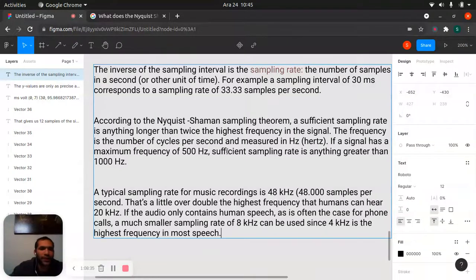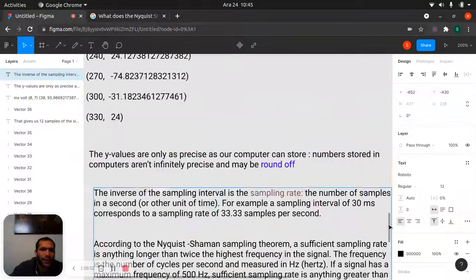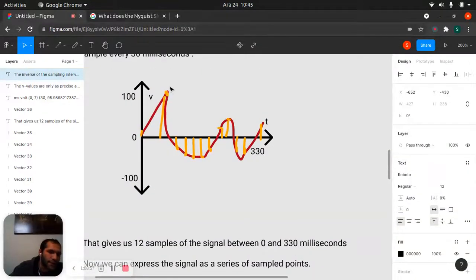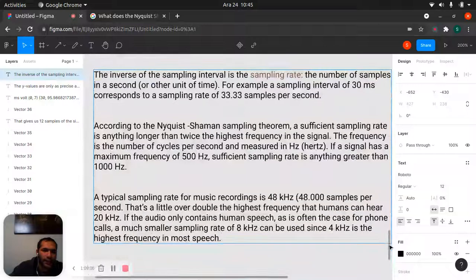In a signal, the frequency is the number of cycles per second, measured in hertz. If a signal has a maximum frequency of 500 hertz, then a sufficient sampling rate is anything greater than 1000 hertz. Let me explain it to you.